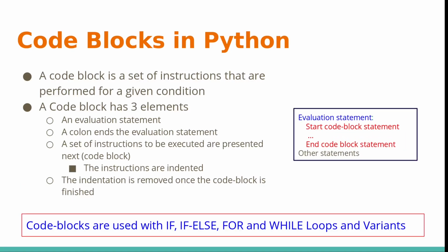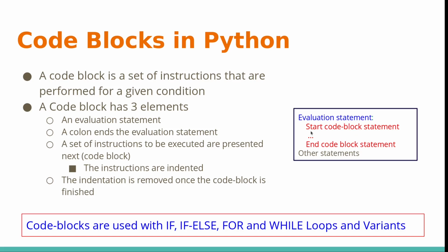So when we write procedural-oriented programs, what we really want to do is first evaluate a statement, and if that statement is valid or true, we want to execute a set of commands.